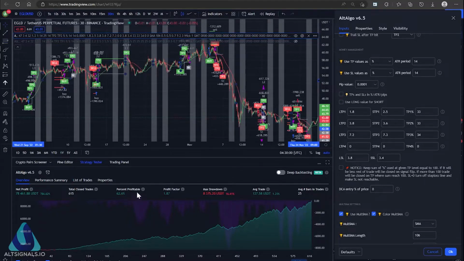Then the percentage profitable here, we are at 62.6%. So that means of all the trades we have done, 62.6 are profitable. Now, is that good? I think with the current risk-reward ratio, which is around 1 to 2, I think that's good. That means we're profitable. And then eventually that gives us a profit factor of 1.87, which is above my requirements.